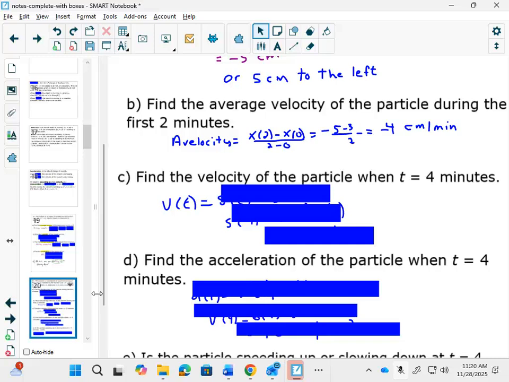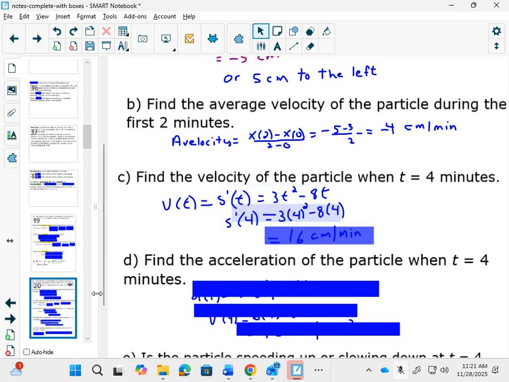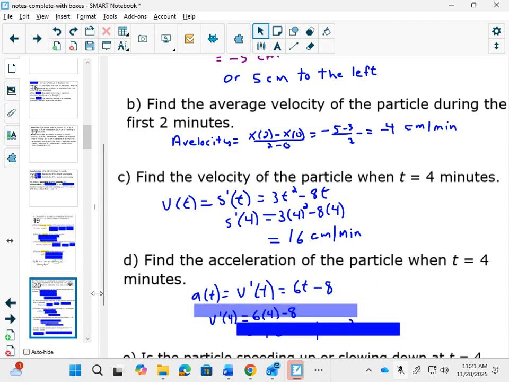Finding the actual velocity, we do the derivative, we plug in the value. Find the actual acceleration, we do the derivative again, plug in the value.